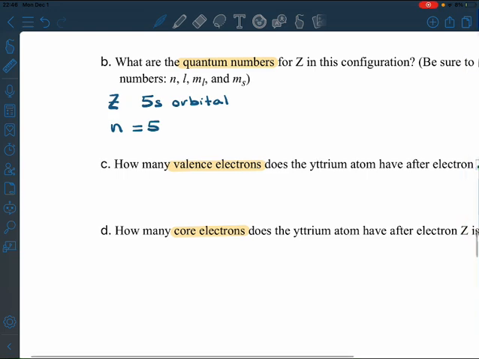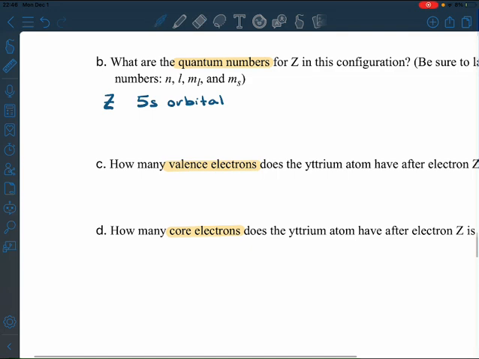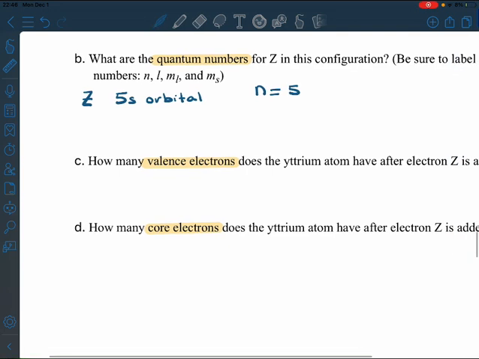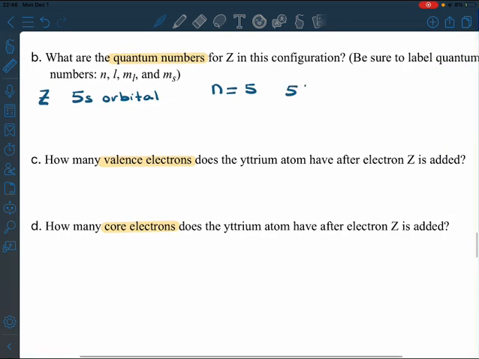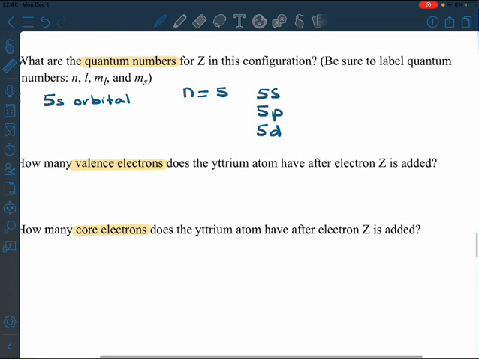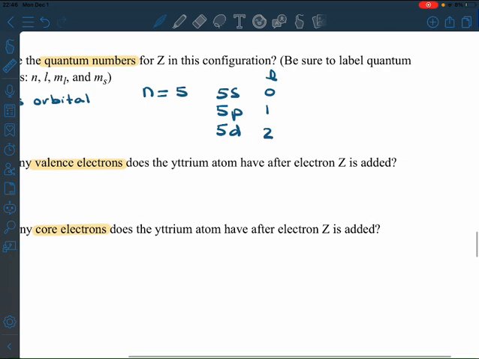And then I'm going to go ahead and draw a little chart next to this. So n equals 5. And we have 5s. I'm just going to do this because it helps me remember the pattern. So when we have an s orbital, our L value equals 0. When we have a p orbital, our L value equals 1, and then 2, and so on. Now the ML values.